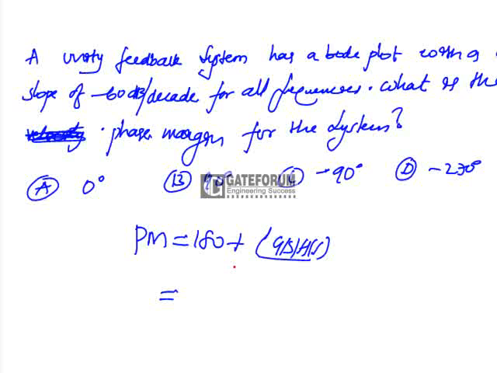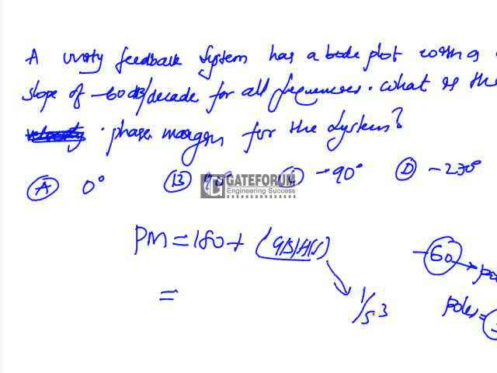Okay, now minus 60 dB per decade means, since we are having minus sign, that means we have poles. 60 dB per decade means number of poles is equal to 3 because each pole has minus 20 dB per decade. If you have 3 poles at origin, what does it mean? That it is having the function 1 by s cube.